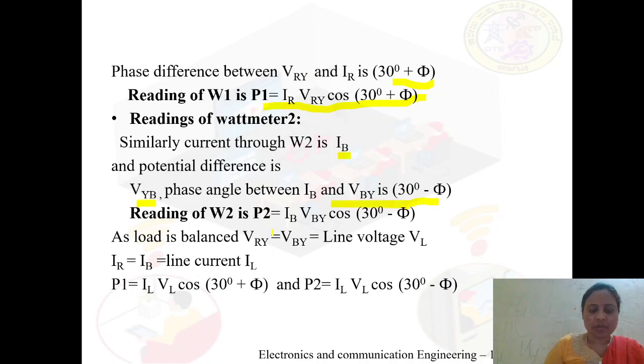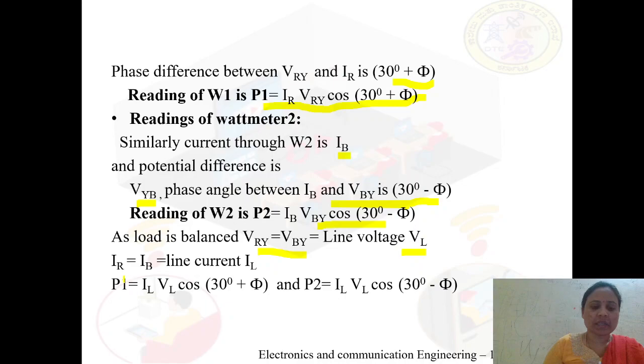Therefore, power measured by the second wattmeter W2, that is P2, is VBY IB cos of 30 minus 5. But for the load we have taken a balanced type. Therefore, the voltages VRY equals VBY, which equals the line voltage VL.